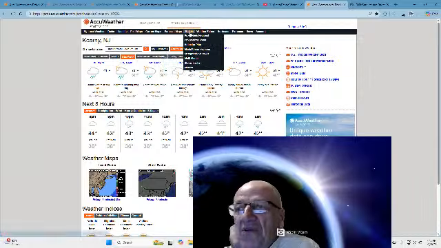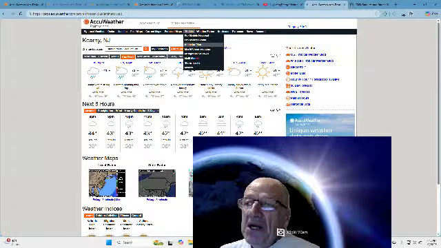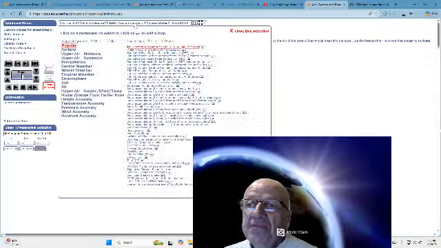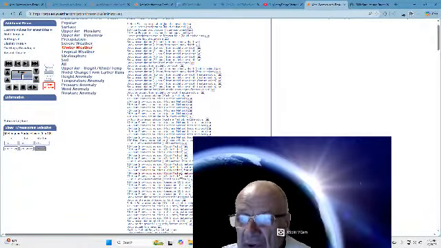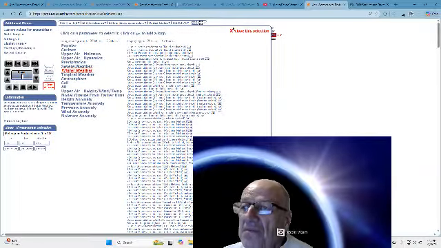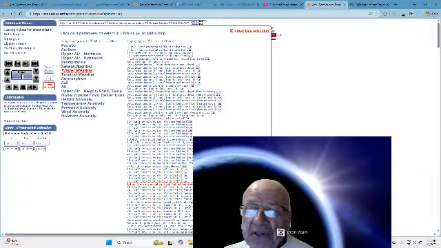We could take a look at the snowfall amounts for the northern states. First of all, we'll take a look at 6-hour snow totals. And we'll take a look at the ice accumulation.